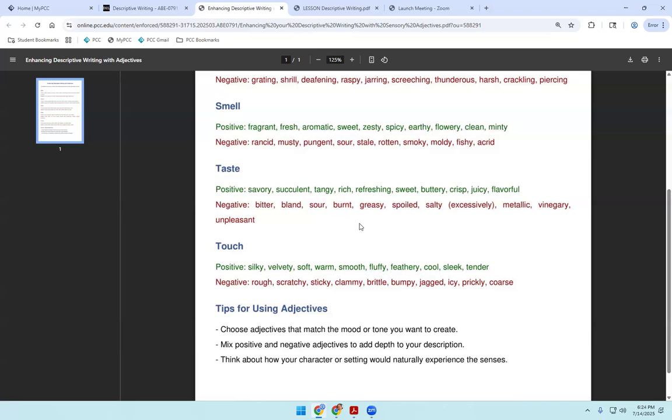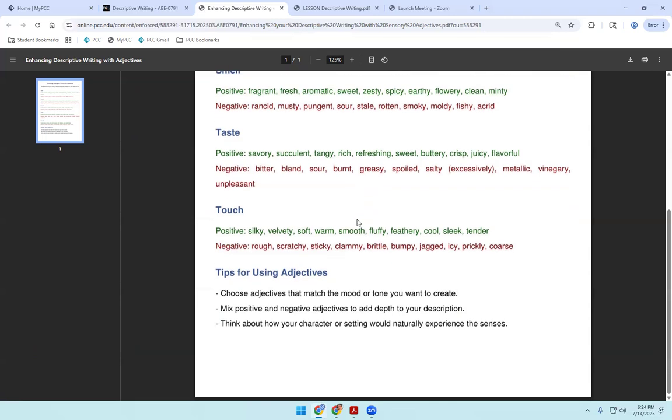Touch, think about all the things you touch. Things can be silky or velvety, soft, warm, feathery, cool. They also can be rough, scratchy, brittle, bumpy, jagged, icy, all the feelings that we can have.